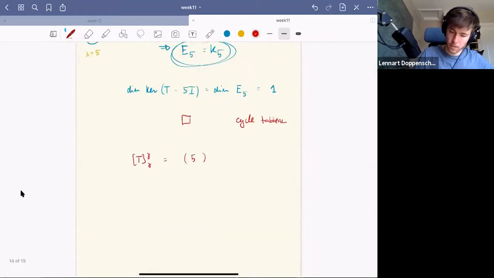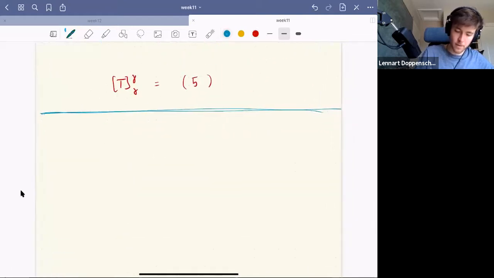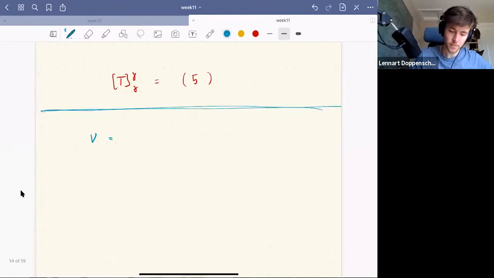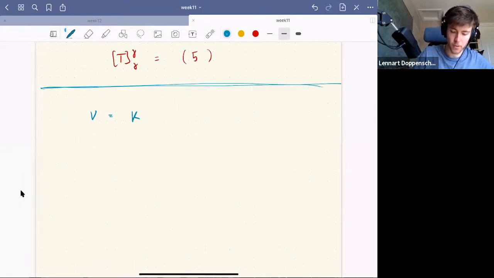And so in total, remember that the whole idea of this procedure is to decompose V into the generalized eigenspaces.